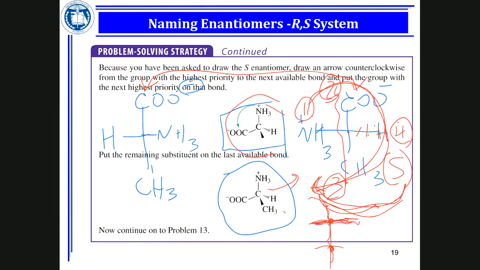What would be the configuration for the molecule on the left side? If these two are a pair of enantiomers, and I determine the configuration for the one on the right side as S, the one on the left side must be R configuration.